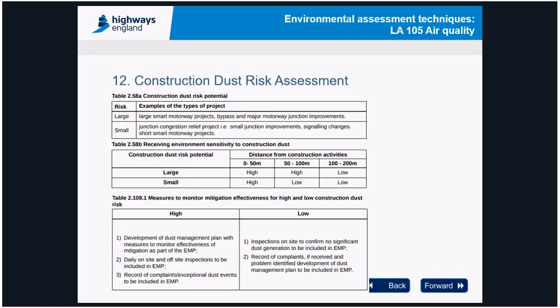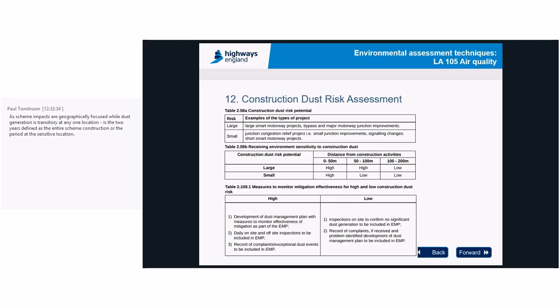But also the distance from the site matters: are we close to a source, are we some distance away? And what we're saying is, where you've got large-scale projects with receptors fairly close by, then there's a high likelihood. It's not that it will necessarily manifest itself, but there's a high likelihood, and we need to then work through developing the reasonable plans. Where we are in a much smaller scale of projects, and some small scale projects can have large dust impacts.